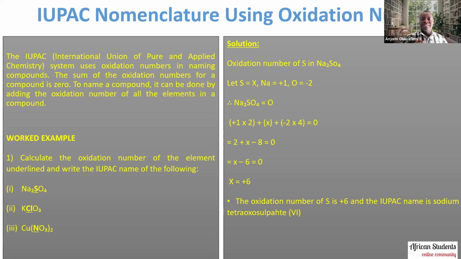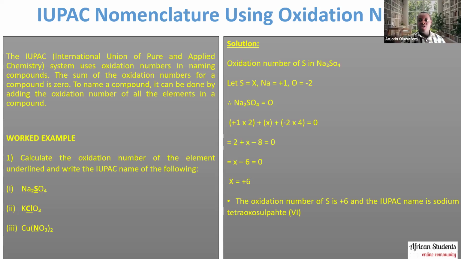That's why we said it is tetraoxo. Oxo represents oxygen. Tetra refers to 4. So sodium tetraoxosulfate(VI). The oxidation state of sulfur is 6, so we need to put that. So that's the IUPAC name. Very simple and straightforward. Understand it, apply the rules, and then you'll be fine.